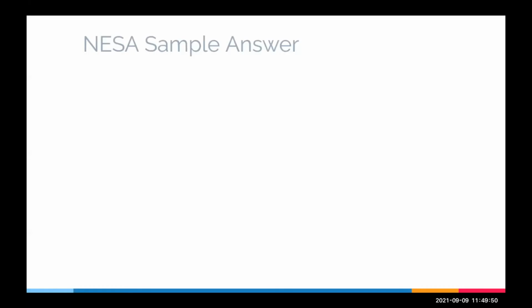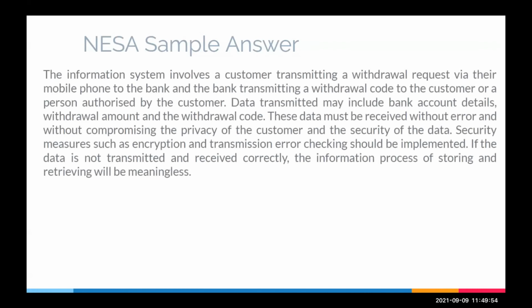Okay, so this is Nessa's answer, not from that marker though. Her answer is: the information systems involve a customer transmitting a withdrawal request via their mobile phone, the hardware, to the bank, and the bank transmitting.